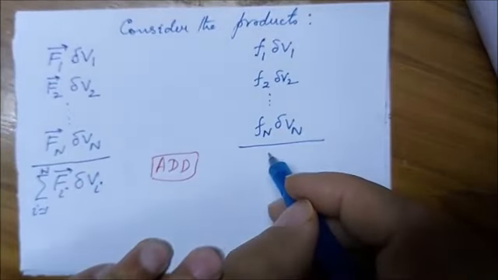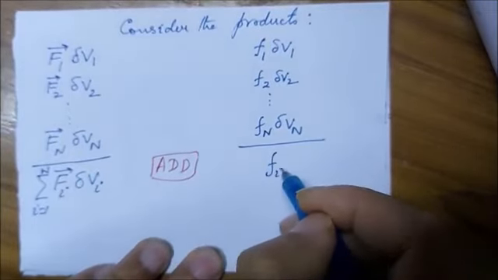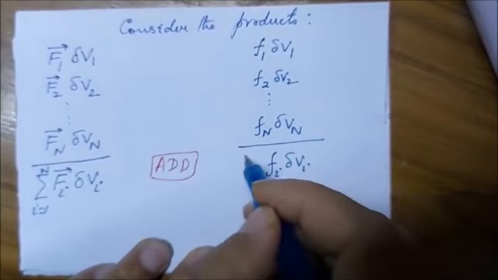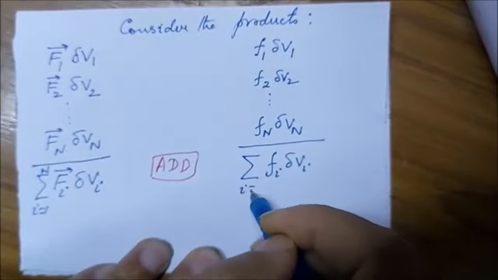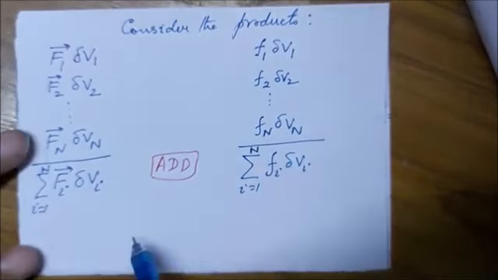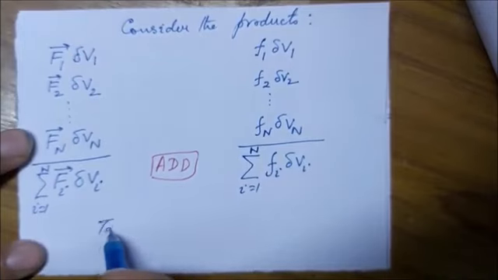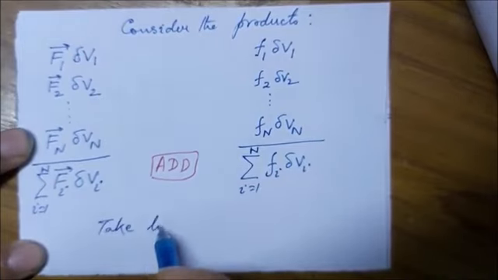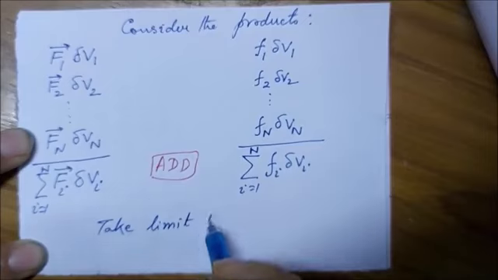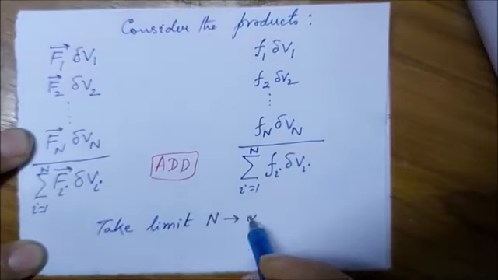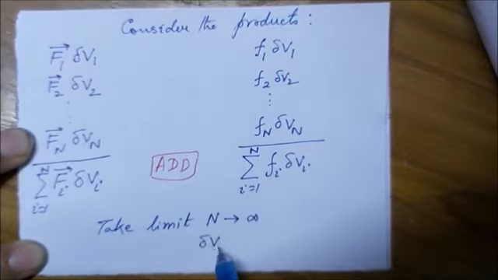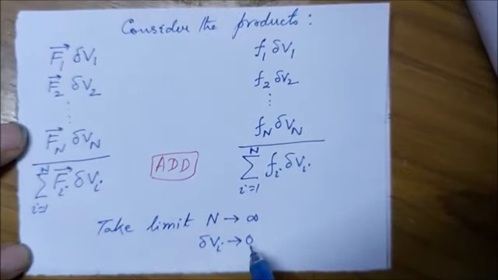And here too. Then take limit, so that the subvolume tends to 0 in the limit.